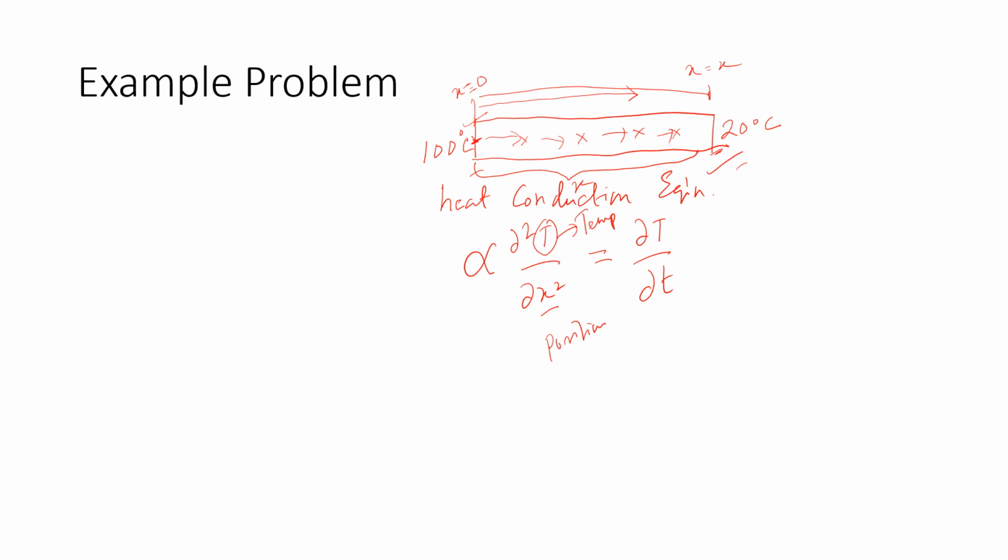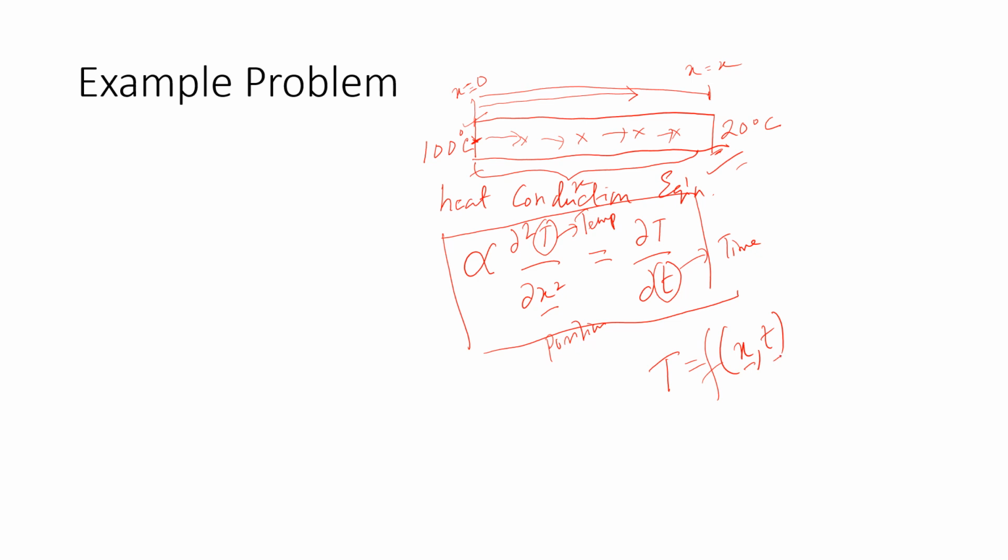Now how to see what type of equation this is? You see, T here is a function of position x and time t. So the temperature T is a function of positional coordinate x and time t.